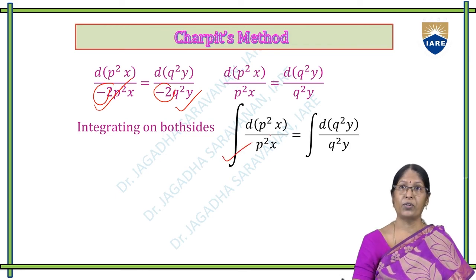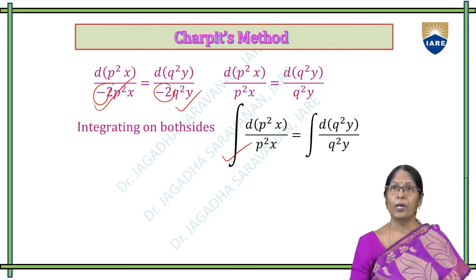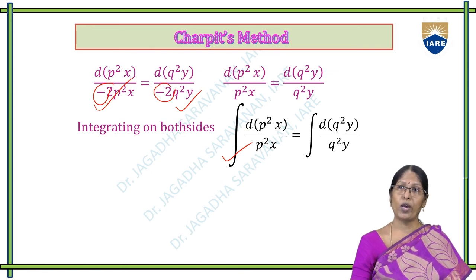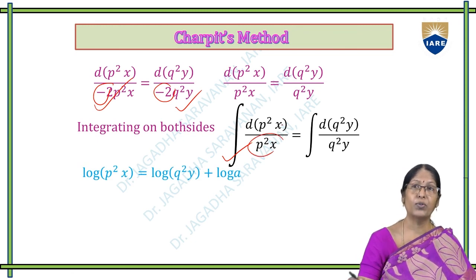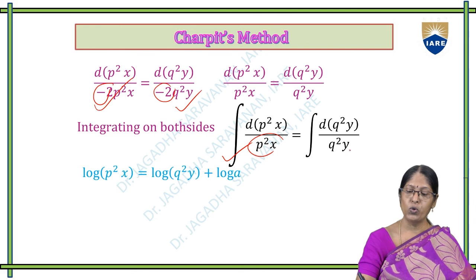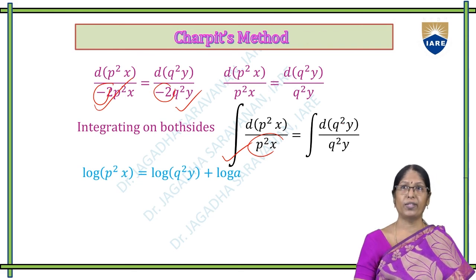So the integration of d of p square x by p square x equals the integration of d of q square y by q square y. The p square x, the differentiation is up; q square y, the differentiation is up.